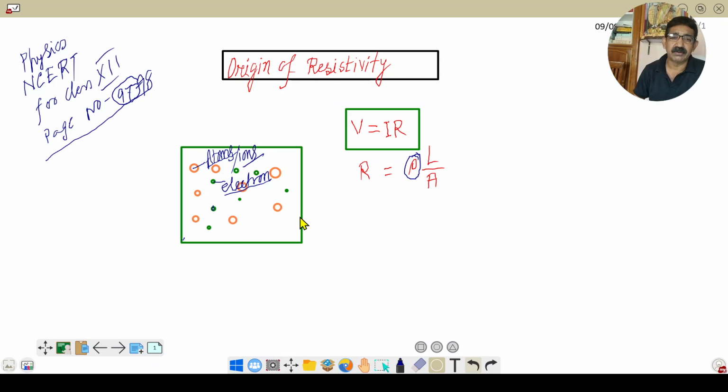Actually, gas molecules, when temperature is greater than 0 Kelvin, are all moving. Suppose this is a gas molecule, and this gas molecule is free to move inside the container along all possible directions.